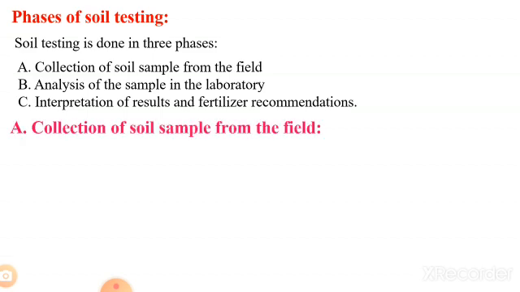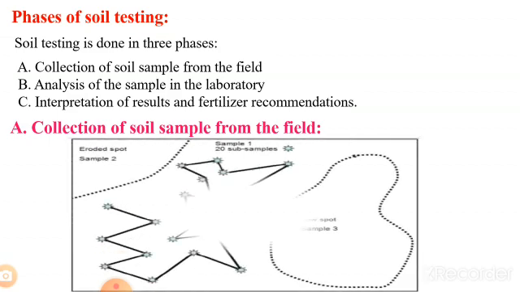So first one is collection of soil sample from the field. Collection of soil sample is the most important step in soil testing. Its chemical analysis reveals the nutrient status of the soil and guides the scientist to profitable use of fertilizers.